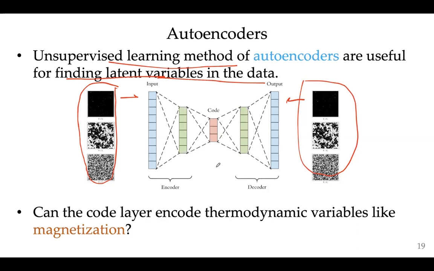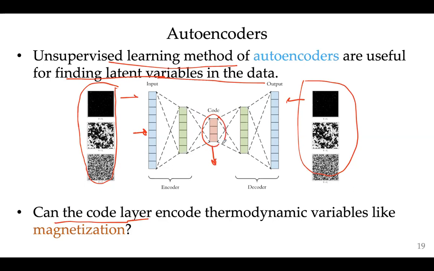So the question we can ask is, can the code layer, this middle layer, encode thermodynamic variables like magnetization? The idea in this architecture is that a certain amount of information enters here, but because there is this bottleneck, autoencoders have to compress the information at this point so that the information can continue flowing.